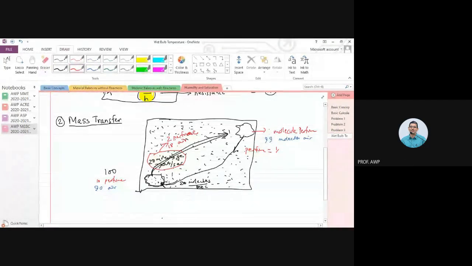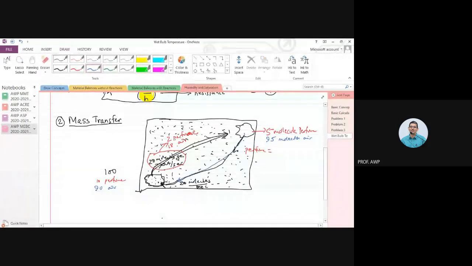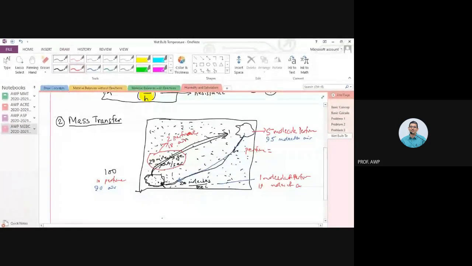Let's say I have 5 molecules of perfume and 95 molecules of air. So now out of the 20 molecules that go from here to here, I will have 1 molecule of perfume and 19 molecules of air.